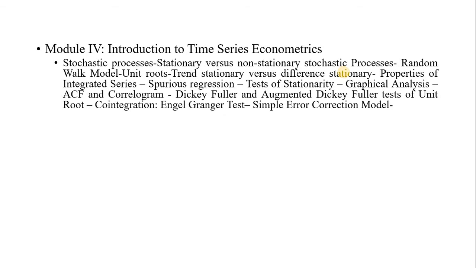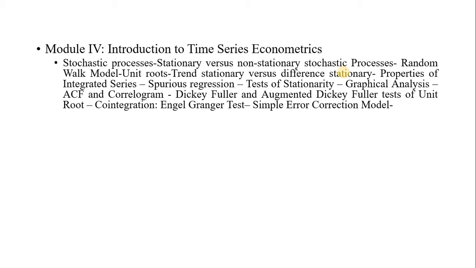In the fourth chapter, we are introducing time series econometrics. When we discussed different types of data, I told you that there are spatial econometrics, time series econometrics, and panel econometrics. All these econometrics ideas and concepts are related to what type of data you are using in your analysis.